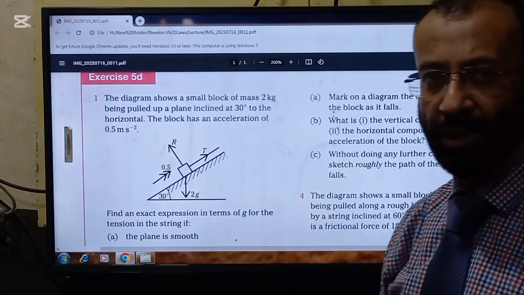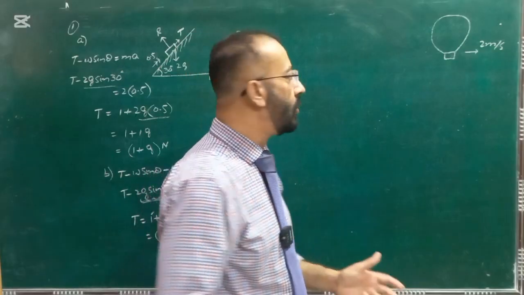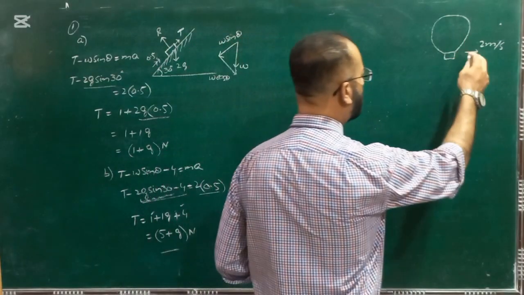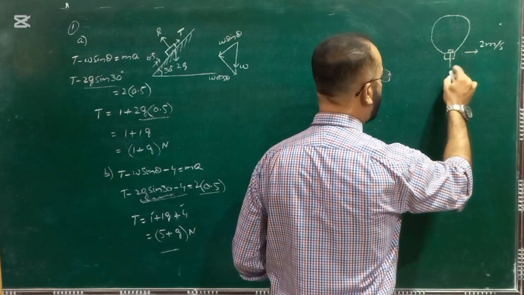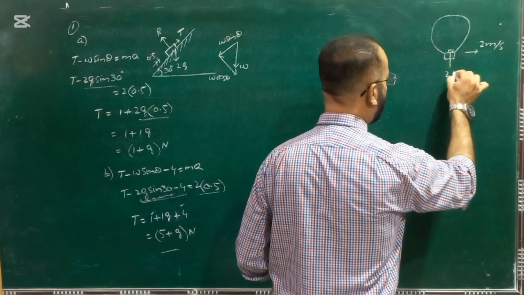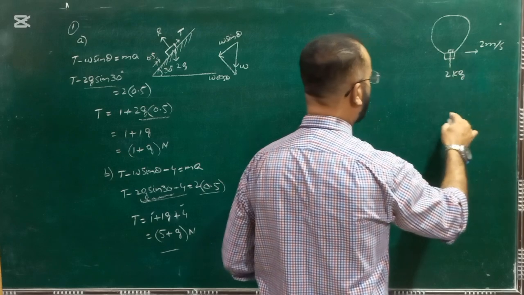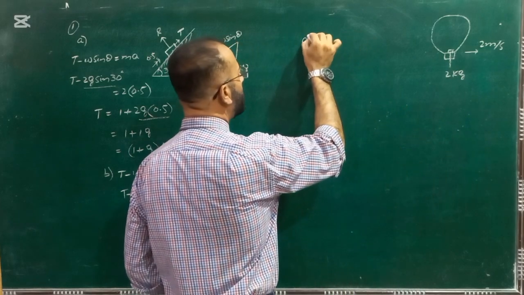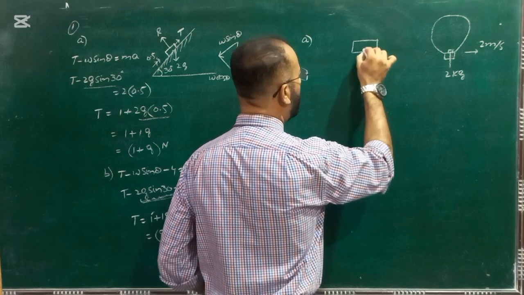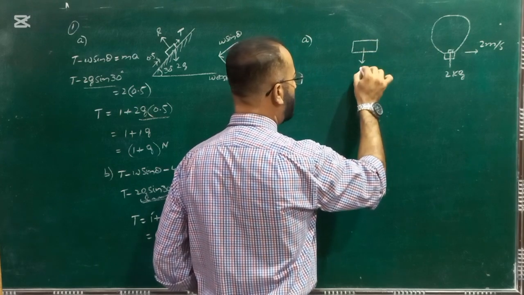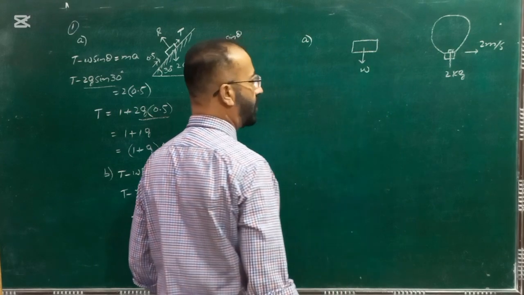So come, now we will solve it on the board. Here is the figure, a balloon and an object of 2 kg that is going to be dropped. In A part, the force acting on the block will be the weight W in downward direction.